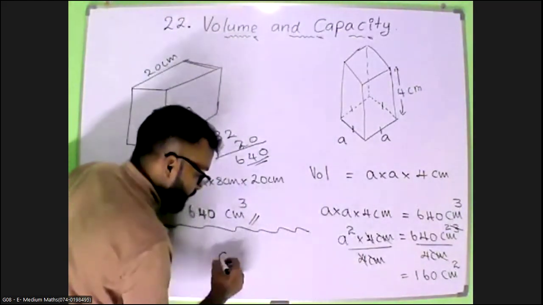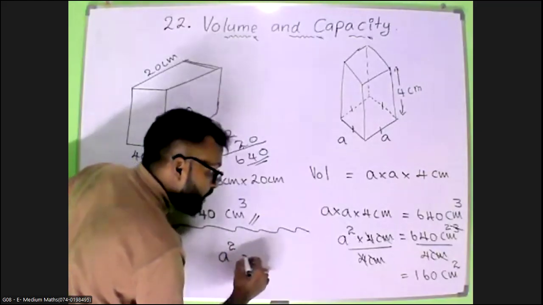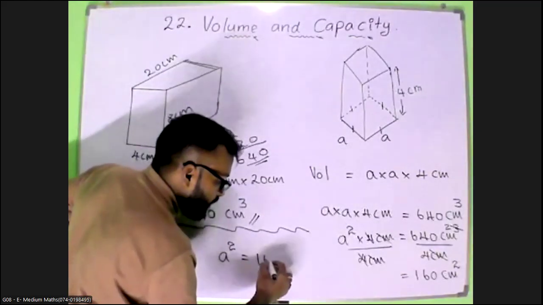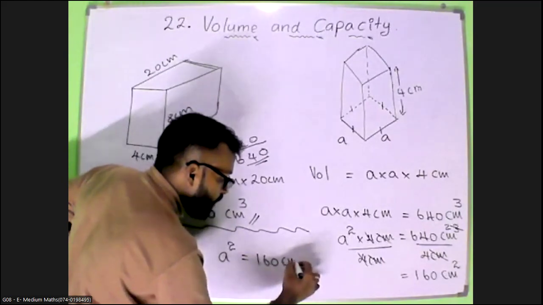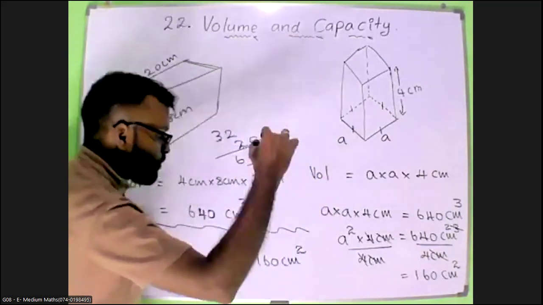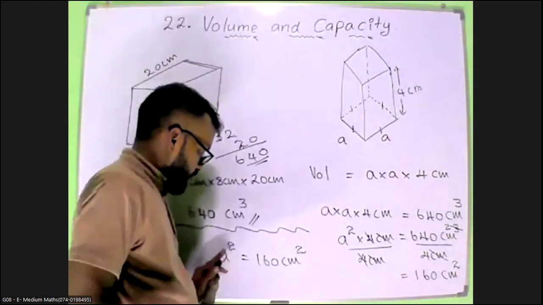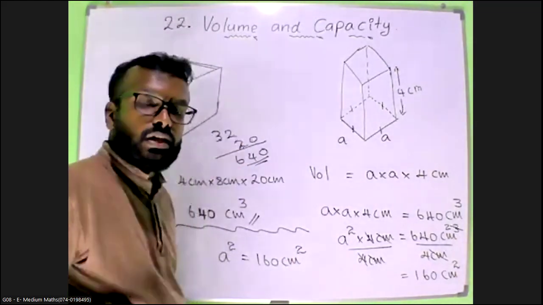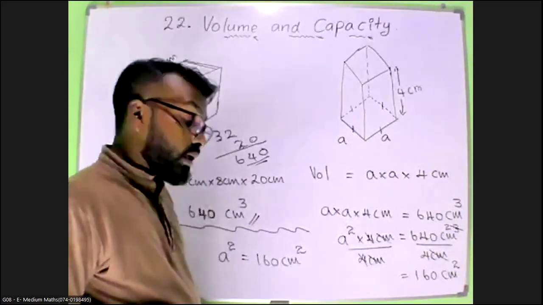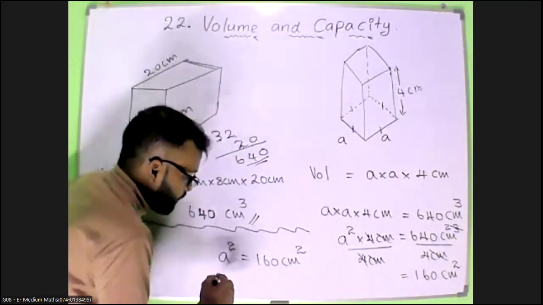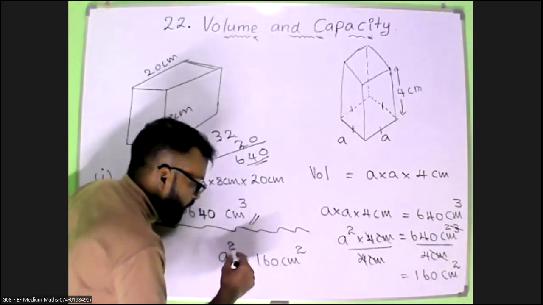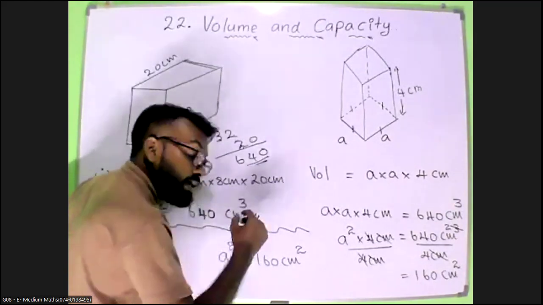So finally, what is the answer for this one? On the left hand side, A squared equals 160 square centimeters. Now here you have A squared.